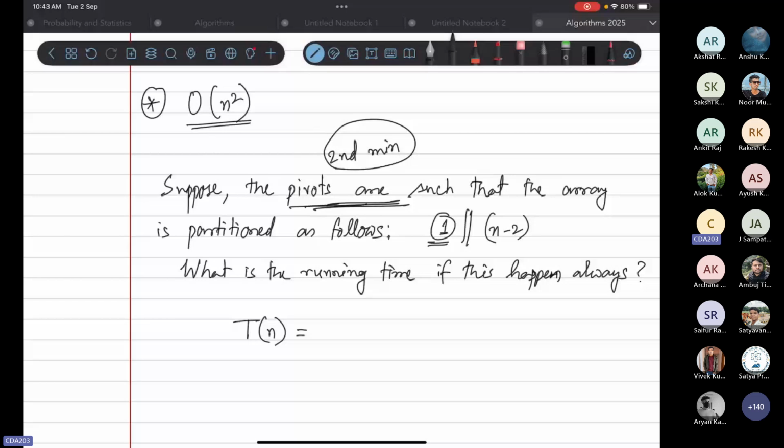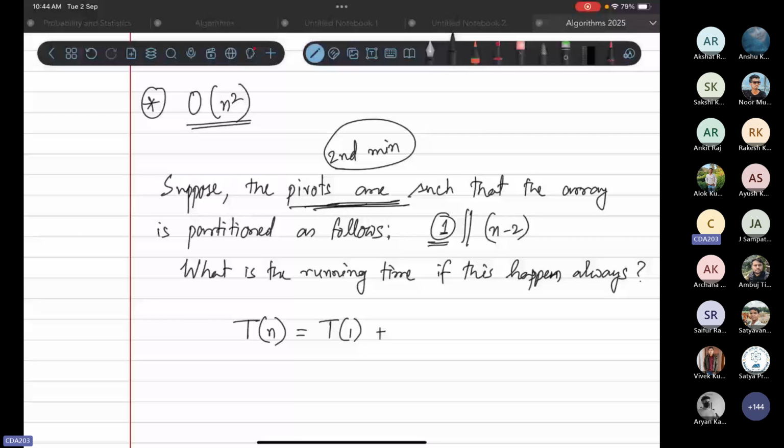Okay, how do you get this T n? You have a partition of something like this. So how many elements are there in the left subarray? It's just one element. How much time would you take to sort this one? T of 1. How much time are you going to take to sort this one?